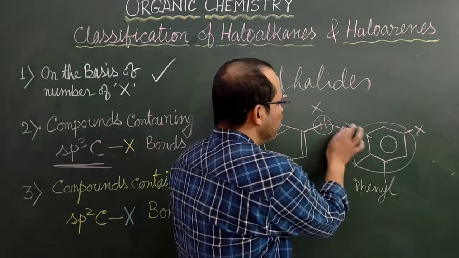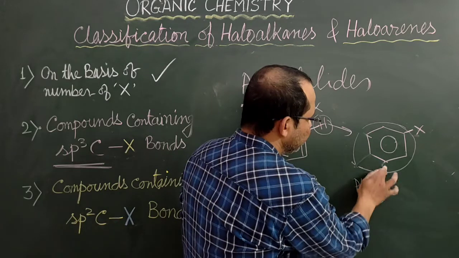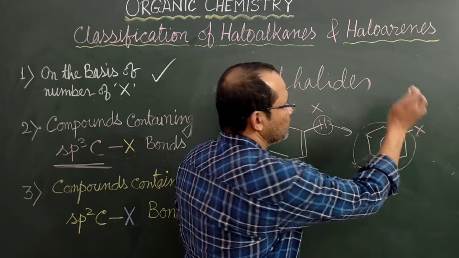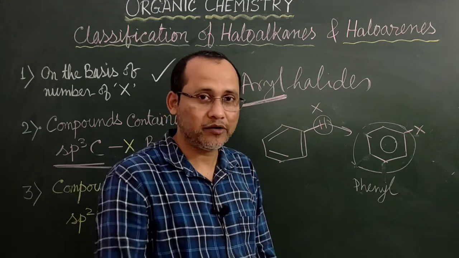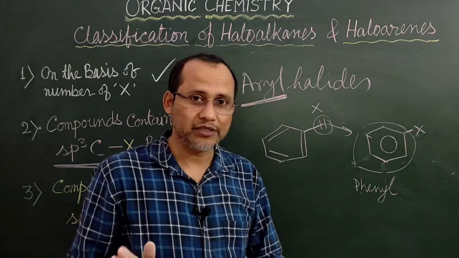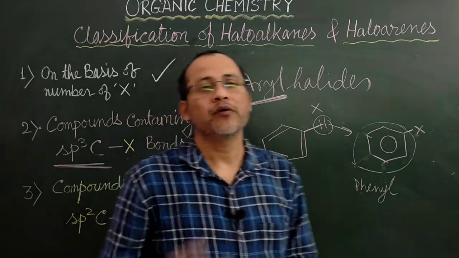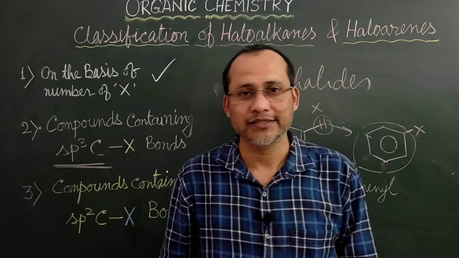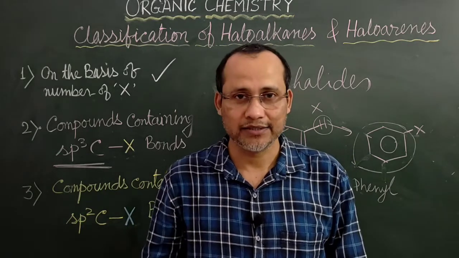In case of phenyl, only each and every carbon will contain hydrogens and one will contain halogen, then only it will be phenyl halide. Is it okay? So in this way we may have different types of haloalkanes and haloarenes.